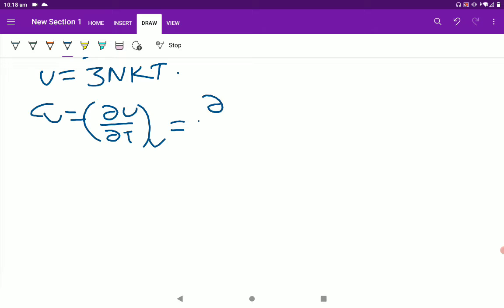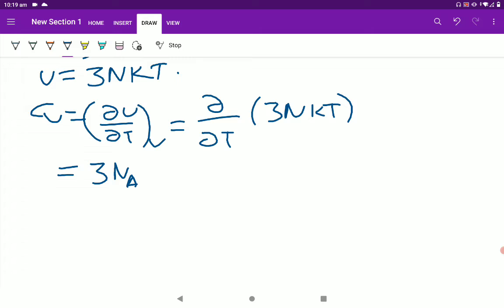Now let's differentiate the above term, that is 3n kT. We are going to get 3 Na k, which is equal to 3R.